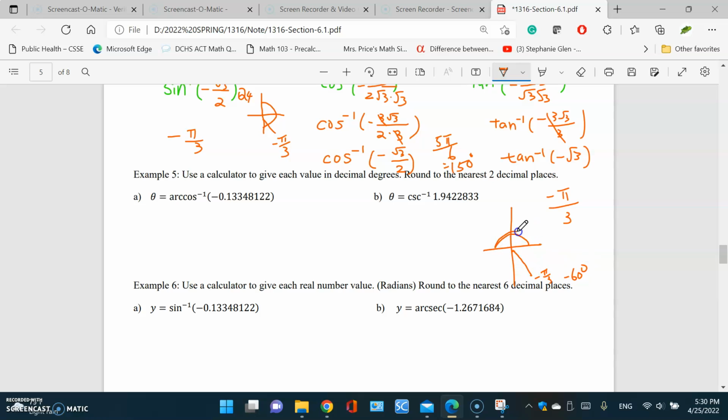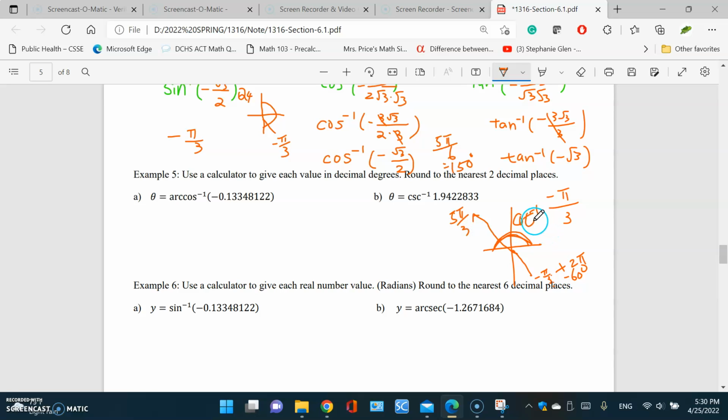Inverse of the cotangent only happens between 0 and pi. So in order to put it into the right interval, we have to use the reference angle idea to calculate the negative pi over 3. So on the other direction, that would be the 2 pi distance. So when we add the 2 pi into it, we will get 5 pi over 3.